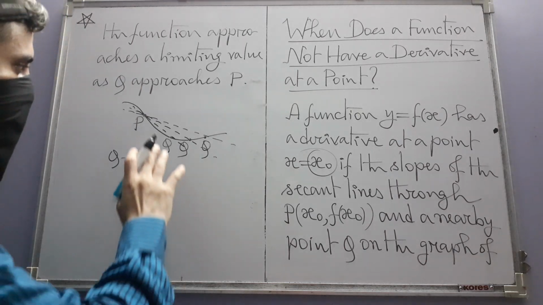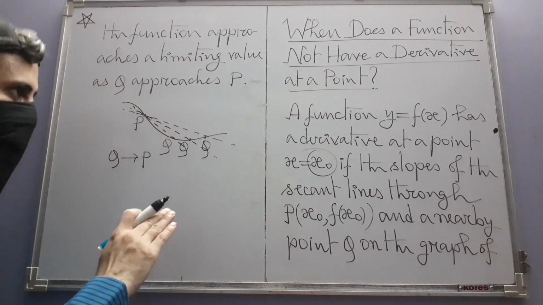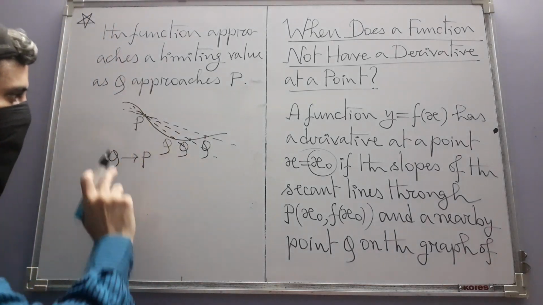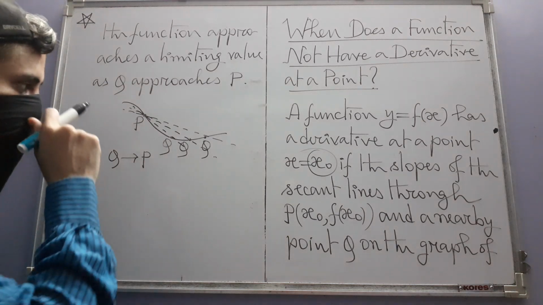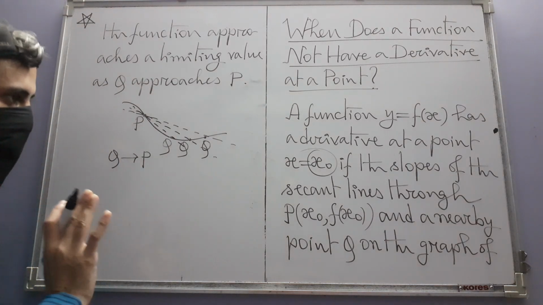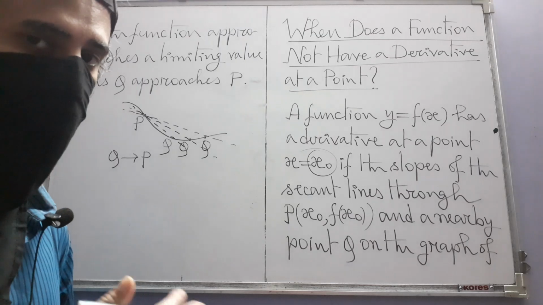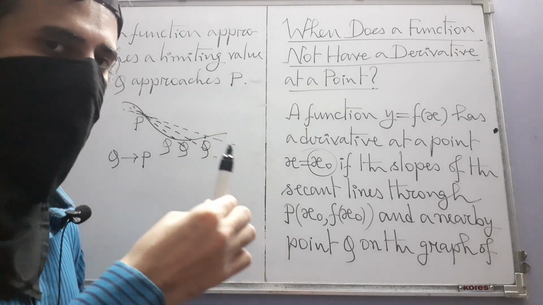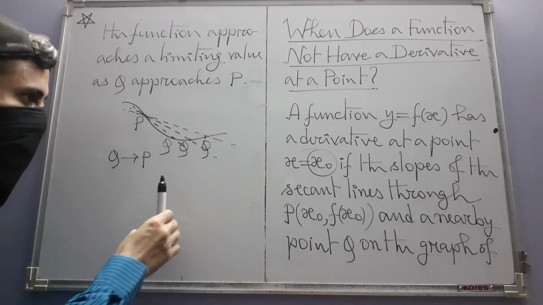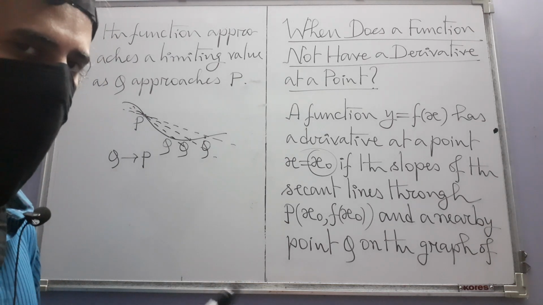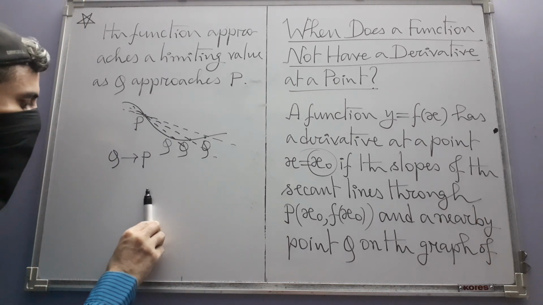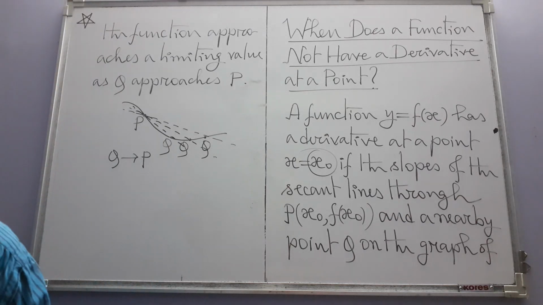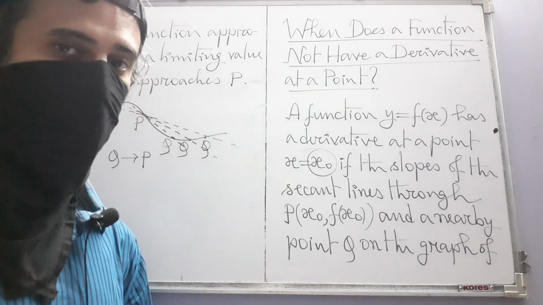If, however, this value does not exist, then the function is not differentiable at x naught and no tangent exists at the point P. Well, there is one case where the derivative doesn't exist but the tangent exists, namely when the tangent is vertical. In that case, the slope is infinity or minus infinity depending on the situation. That, however, is not a real number. So basically this is what differentiability means geometrically.